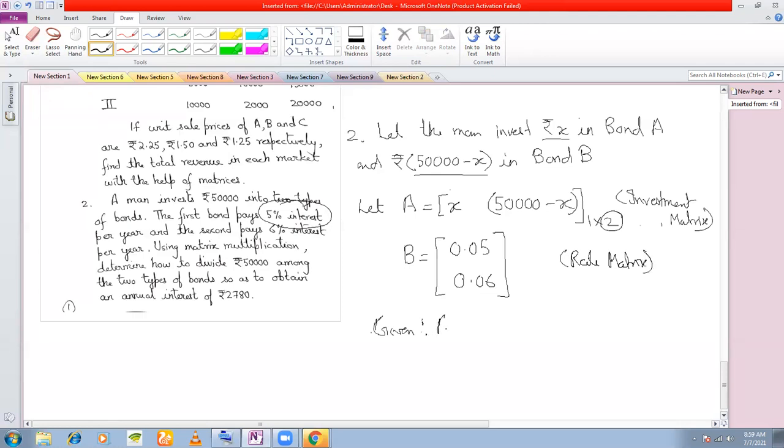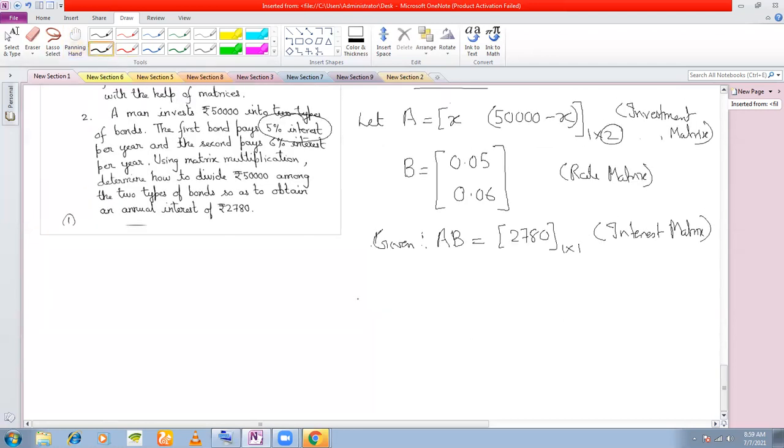What is given? What is this total interest? Total interest is given as 2780. This is a 1 by 1 matrix. Okay, this is called the interest matrix. Right? So now what is AB we can get from here?